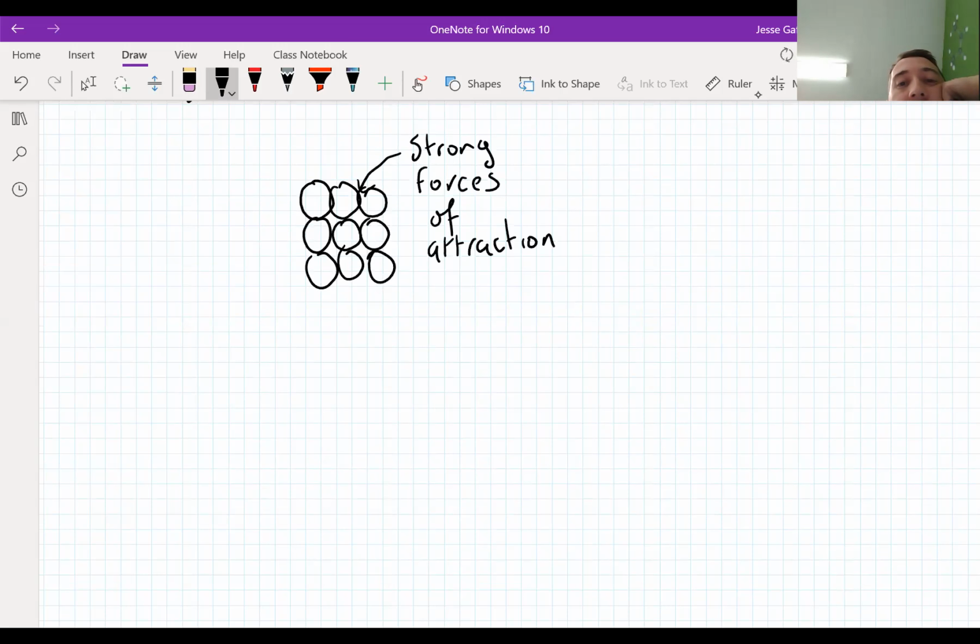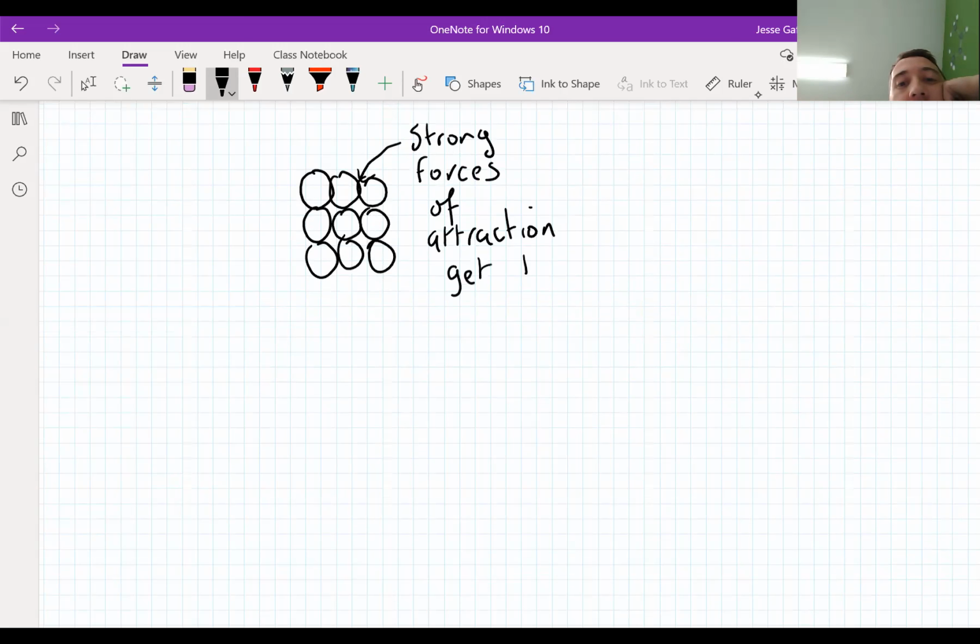Now, what happens when we dissolve is that these strong forces of attraction get broken, and then the particles can separate and mix with the solvent. So strong forces of attraction get broken when a solute dissolves.